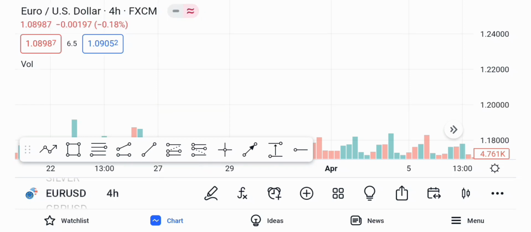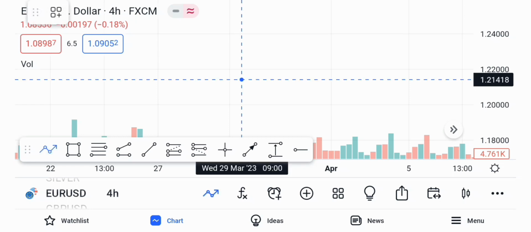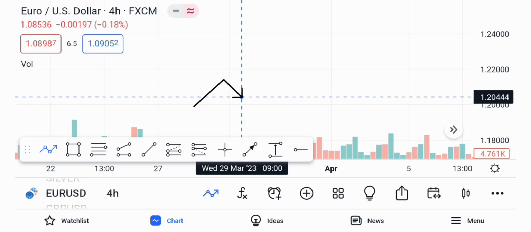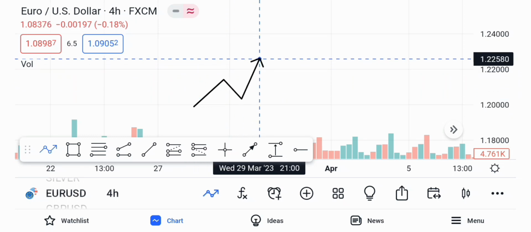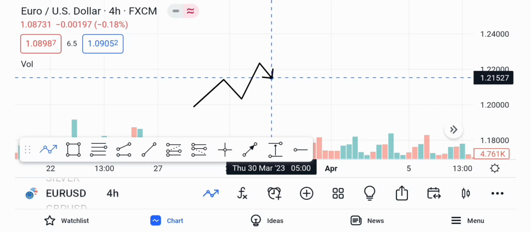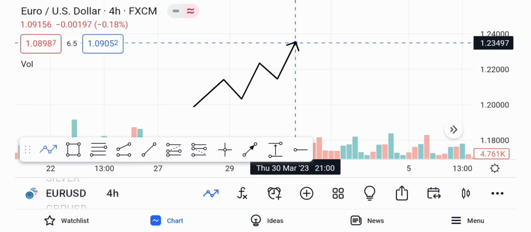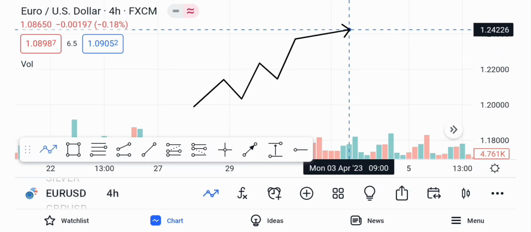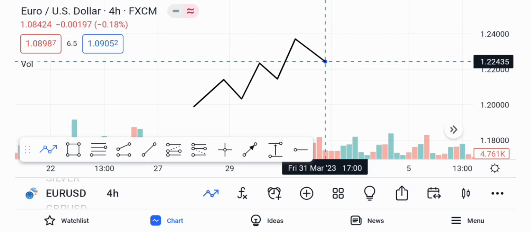Another example: you are not supposed to only use trend channels or trend lines when trading. There's another way. You can use your support as a resistance. In this example, you can see it's a straight uptrend.